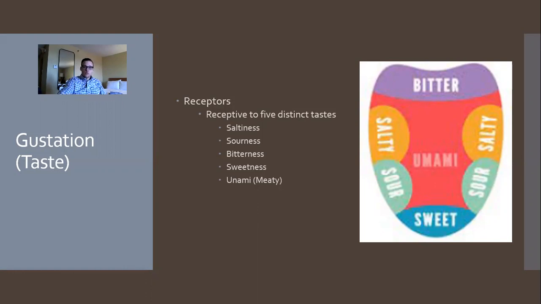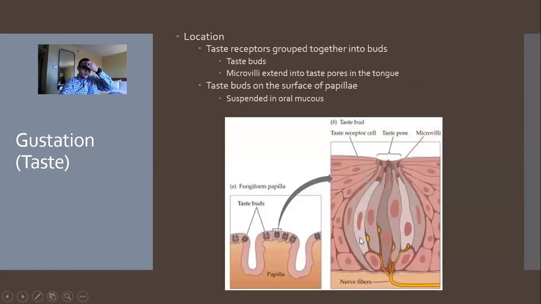Now, when we talk about these receptors, by and large, oh, sorry, I thought I was going to talk about how the receptors work. Where are they located?